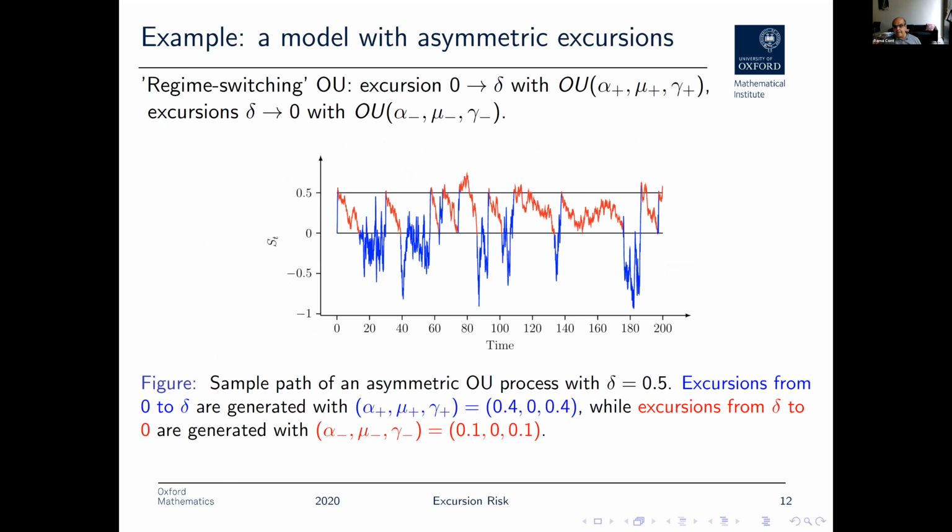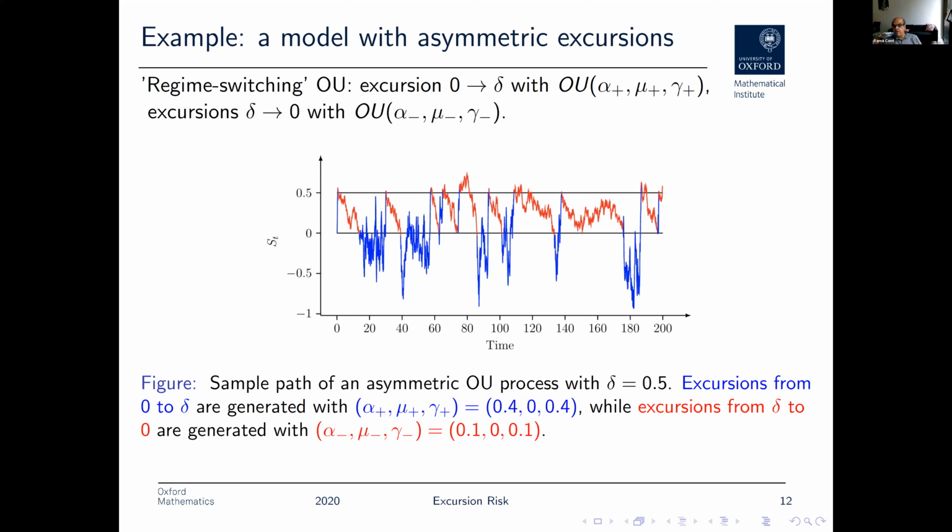Now, examples of this construction. Well, in this construction, I have two ingredients, S plus and S minus. I can choose any Markov process for S plus and S minus and paste them together. So here's an example, a model with asymmetric excursions.